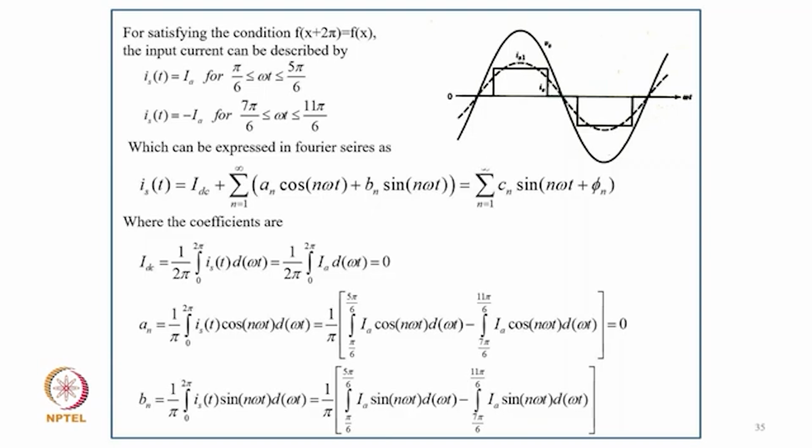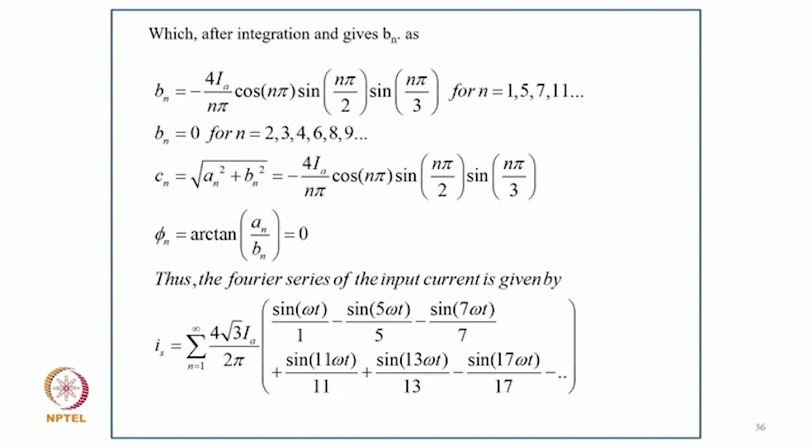Solving it, this also comes as 0, and Bn equal to 1 upon pi ∫ Is sin n omega t d omega t, and solving it comes equal to minus 4I upon n pi cos n pi sin n pi by 2 and sin n pi by 3, for n equal to 1, 5, 7, 11. Cn equal to the square root of An square plus Bn square, equal to minus 4I upon n pi cos n pi sin n pi by 2 and sin n pi by 3, where phi n equal to An upon Bn, that equal to 0.